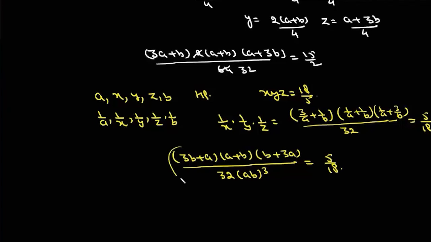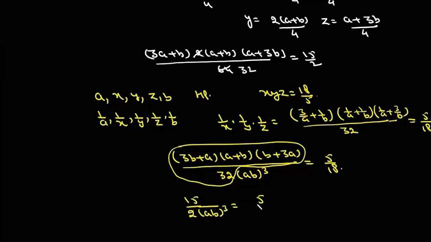Now we know that this 3A plus B into A plus 3B upon 32 is equal to 15 by 2. So we'll replace this value here with 15 by 2. So we can write 15 by 2 by AB cube will be equal to 5 by 18. Now this is 9, this is 3, so we'll get AB cube equals 27, or the value of AB is 3.